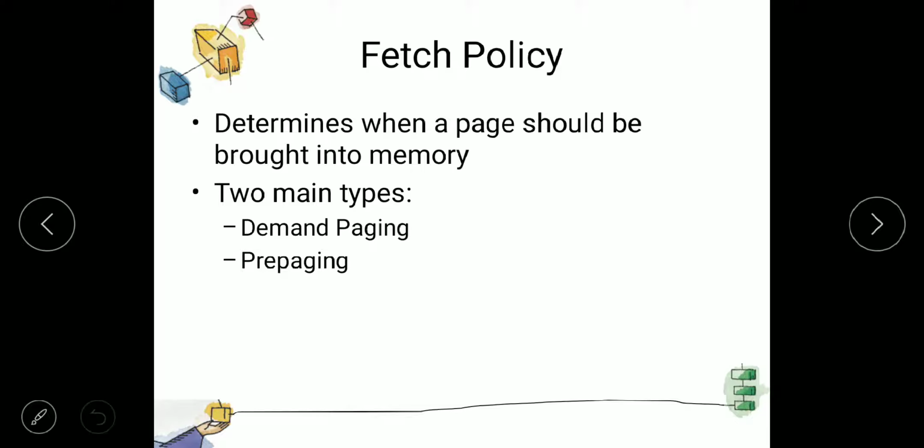If you want to execute a process immediately, the particular process which needs to be executed needs to be moved from the secondary memory to the main memory. There are two types by which we can consider bringing the pages from the secondary memory to main memory. One is demand.